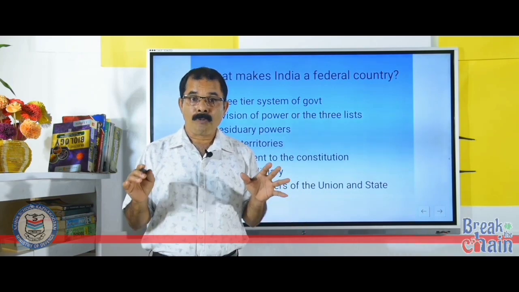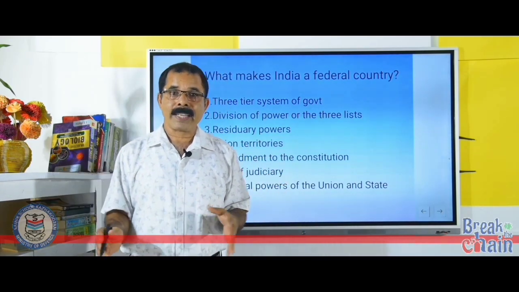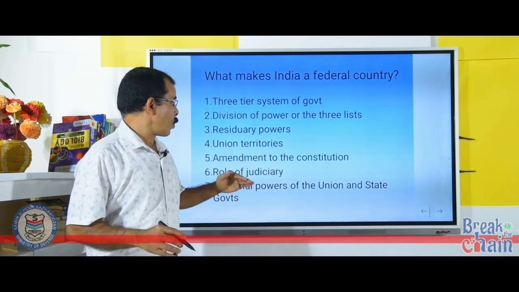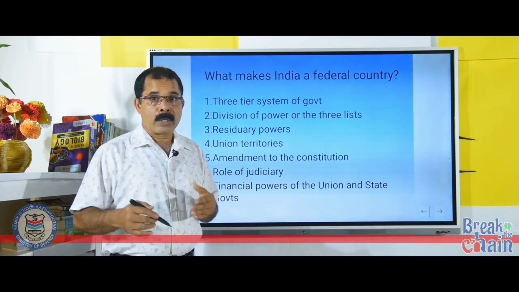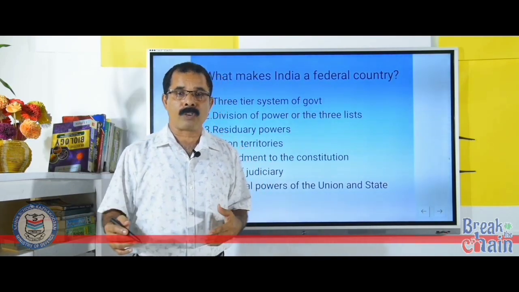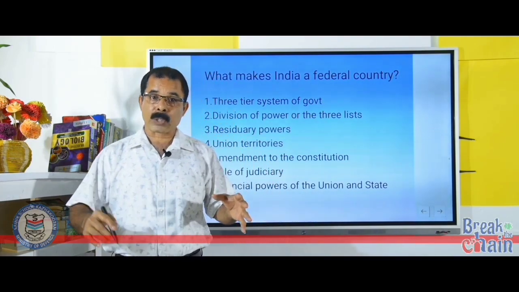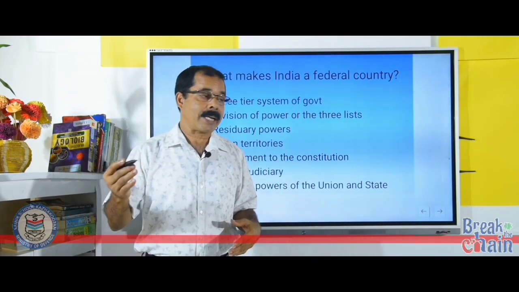But they are not full-fledged states. Some powers of the state are given to them. So that is why these union territories are not given statehood, but in due course of time, as I said, when their population and financial resources increase, they might get statehood.